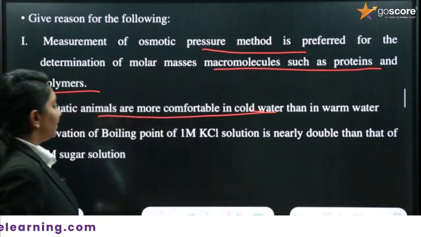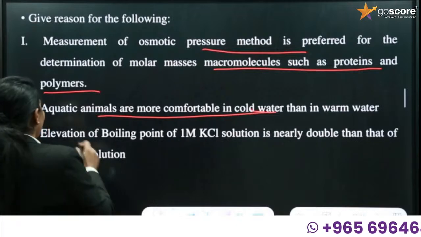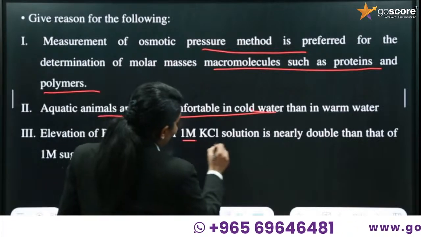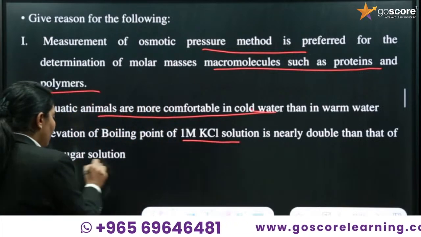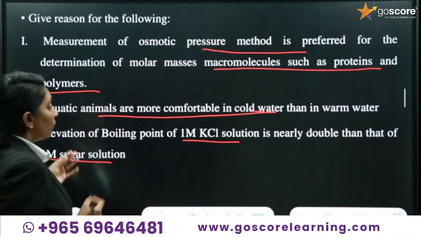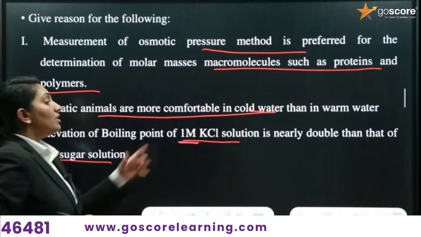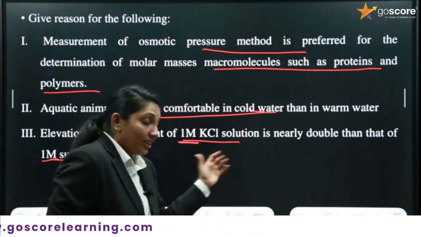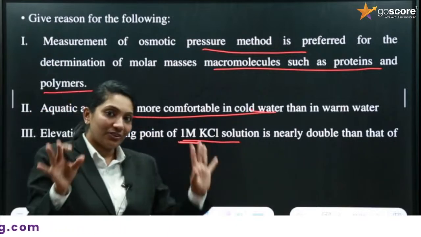Now, the last question, it's based on whatever topic we discussed today. The elevation of boiling point of 1 molar KCl solution is nearly double that of 1 molar sugar solution. Why? Here both have the same concentration, 1 molar KCl and 1 molar sugar solution. But sugar is a non-electrolyte. It won't undergo association or dissociation.